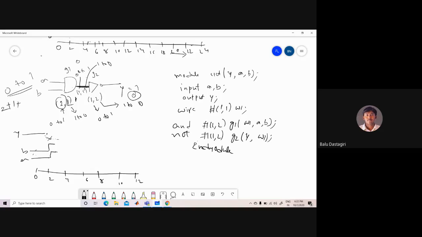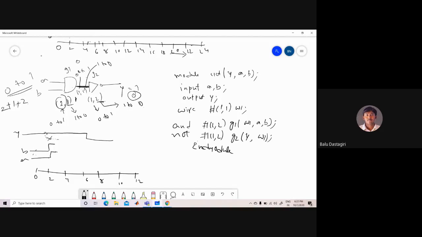In the previous case the value of y is 1 and now it is becoming 0. Whenever the output changes from 1 to 0, there is a delay of 2 time units. So after 2 plus 1 plus 2, that is 5 time units, so 2 plus 5, that is 7, the output y becomes 0.